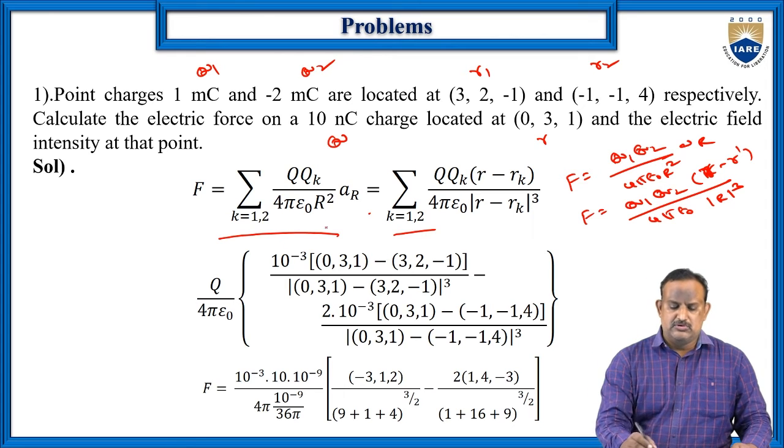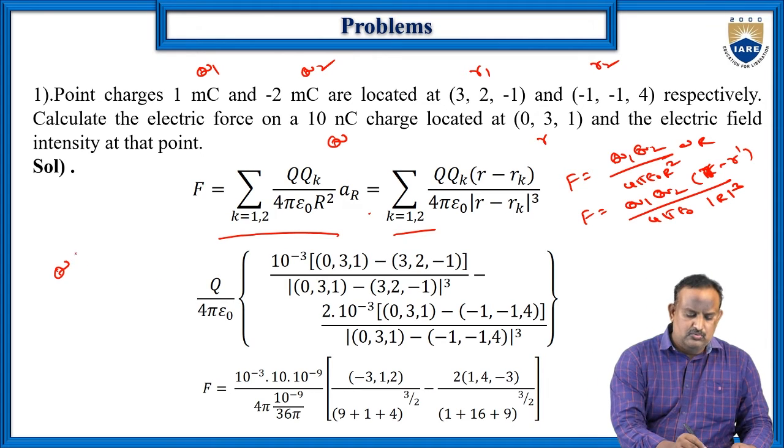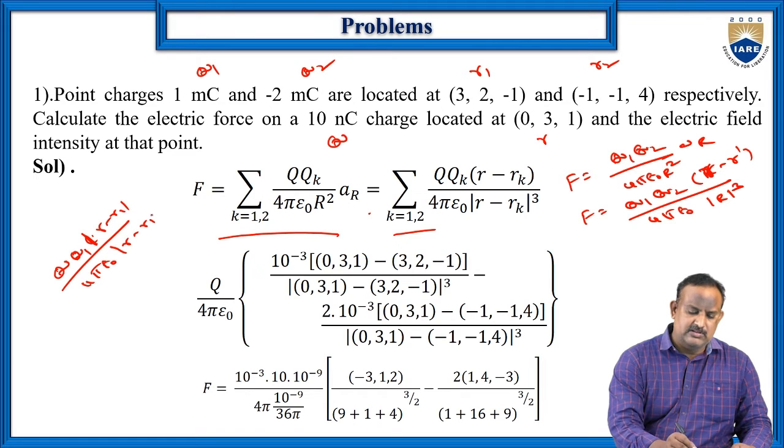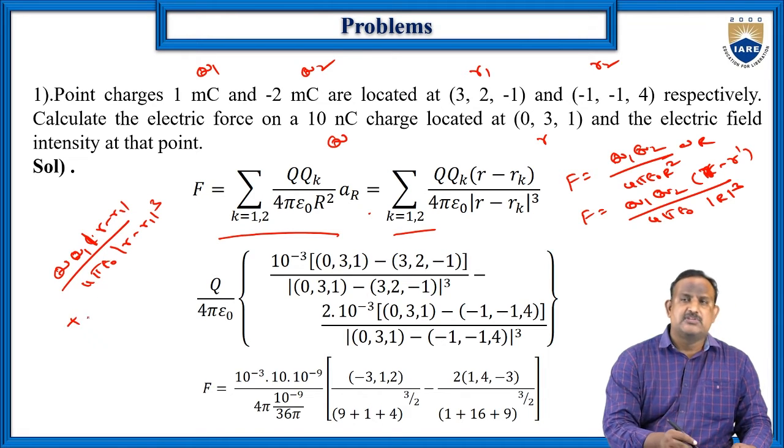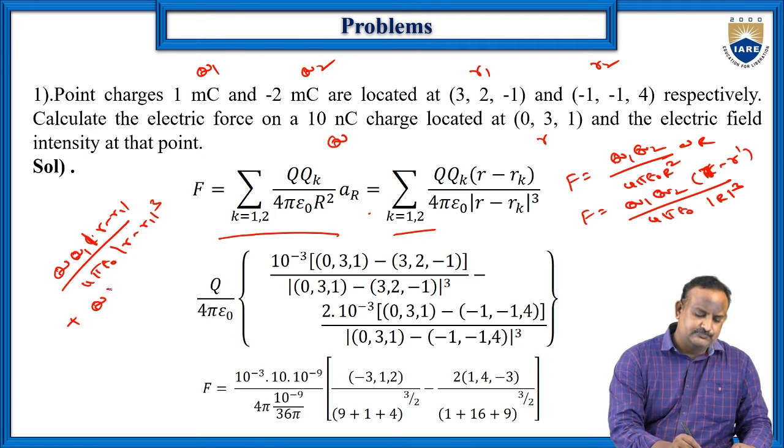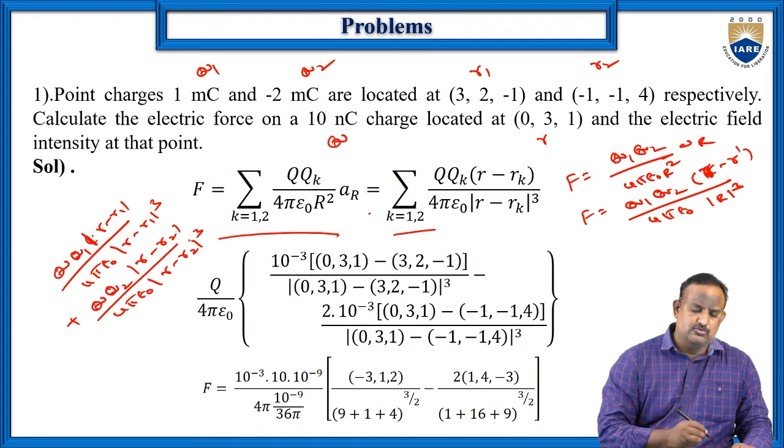So if we substitute K equal to 1, we have Q into Q1 into (R minus R1) by 4 pi epsilon naught into modulus of (R minus R1) whole cube. Plus, for K equal to 2, it is Q into Q2 into (R minus R2) by 4 pi epsilon naught into modulus of (R minus R2) whole cube.